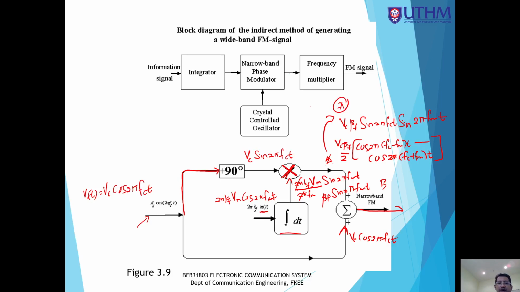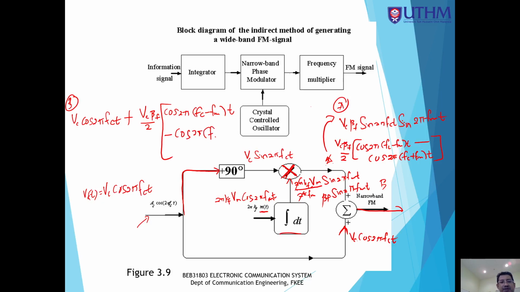So at point B, it is equal to Vc cos 2 pi fct plus Vc beta f over 2, cos 2 pi (fc minus fm) t minus cos 2 pi for the upper sideband (fc plus fm) t, close big bracket. So you see that we have three components.